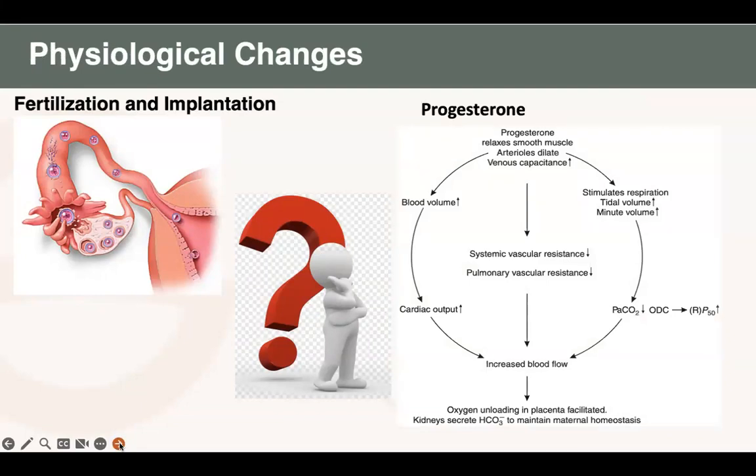It normally relaxes the smooth muscles, so you have arterial dilatation and increased venous capacitance. Your blood volume and plasma volume also increase during this period. Cardiac output is also elevated during pregnancy, and there is increased blood flow to various organs, as we are going to see.